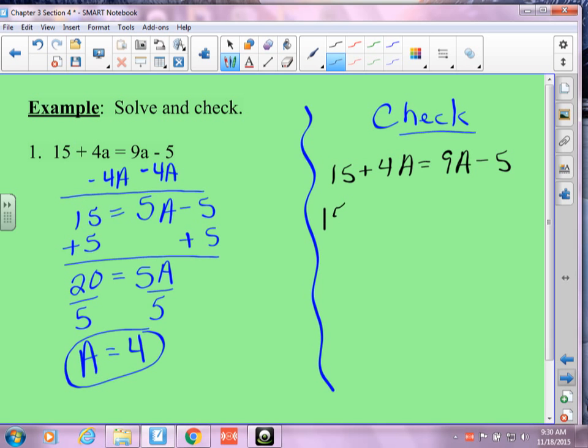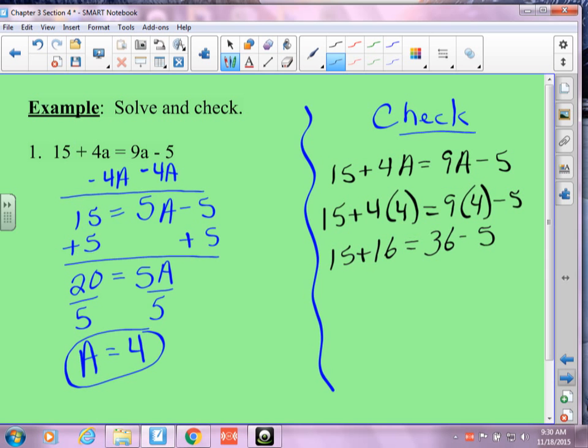So I'm going to take out the A, and I'm going to put in 4. Questions on this? Something you don't understand?